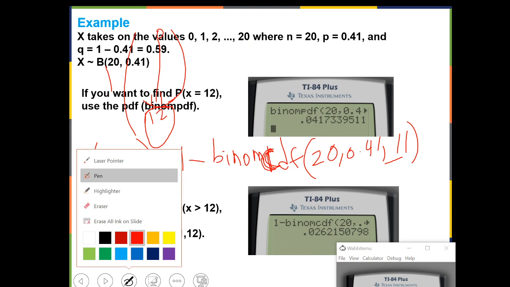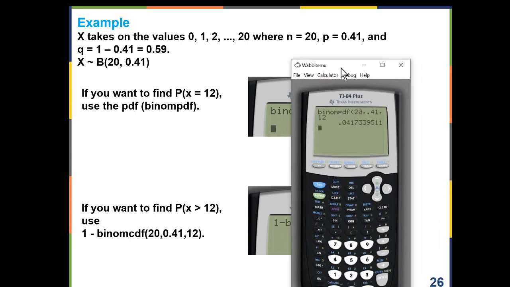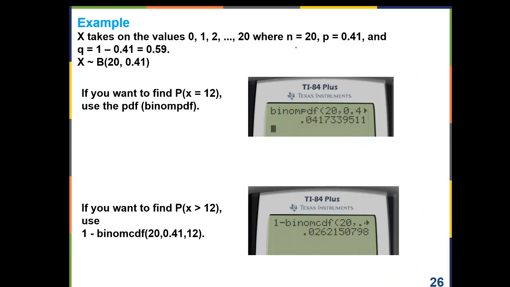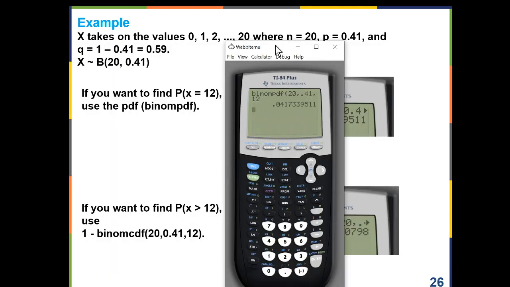So with a combination of binomial PDF and CDF and a little bit of maneuvering, you can find all the answers here. And I have done it here for you. I could do it again on the calculator.